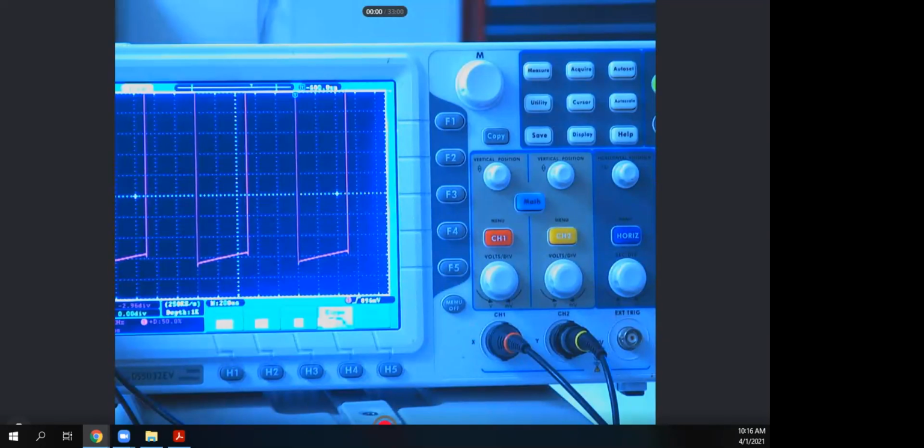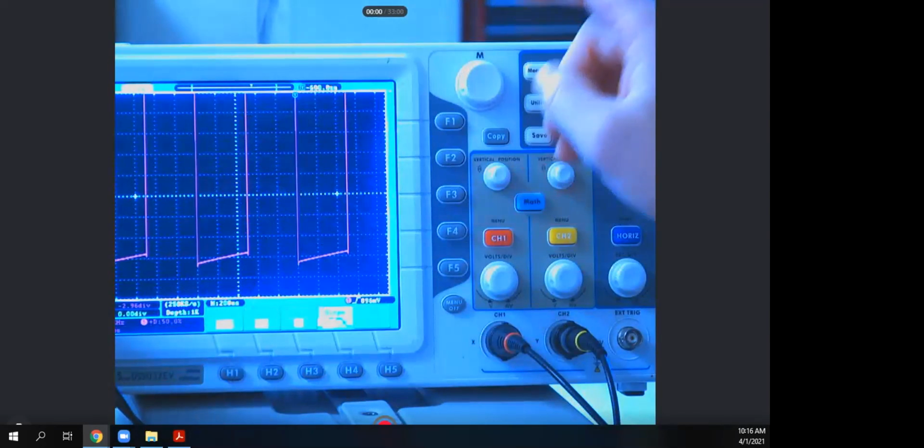Adjust the volts per division to 0.5. Right now I'm at 100 millivolts, and I want to be at 0.5 volts.